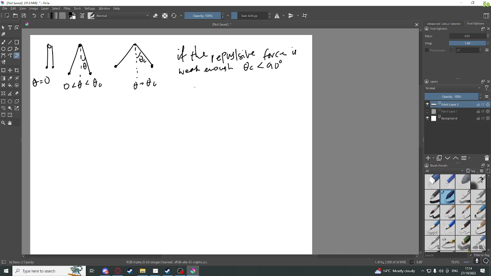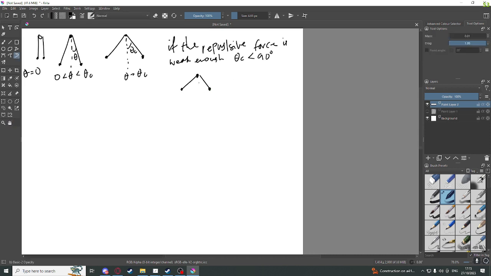Okay, we can see that as if we have a repulsive force, eventually gravity will be strong enough such that it will balance at some angle less than 90 degrees.